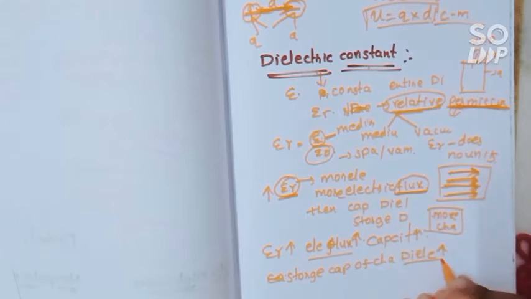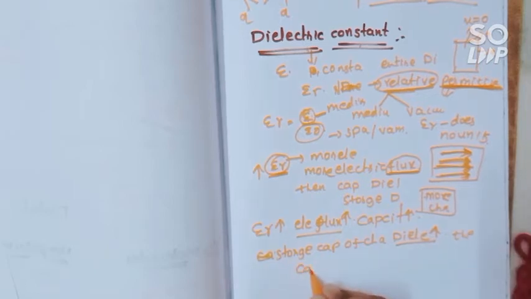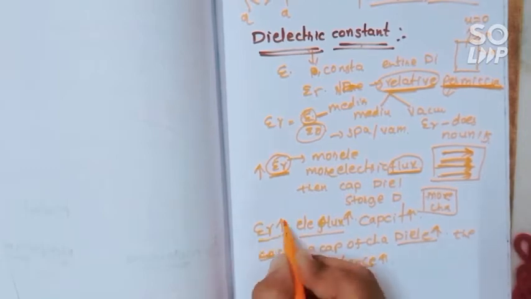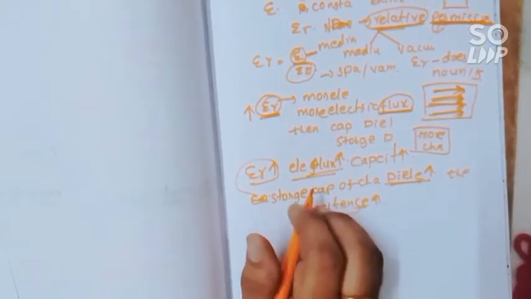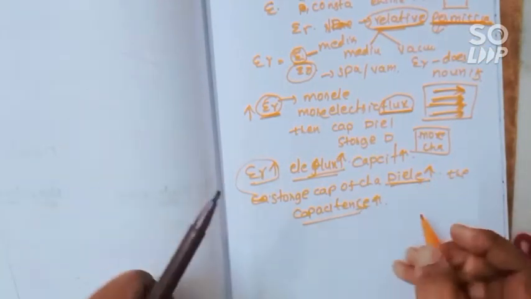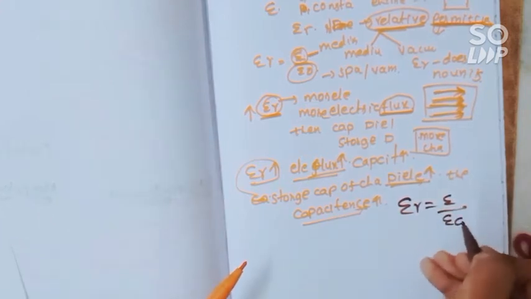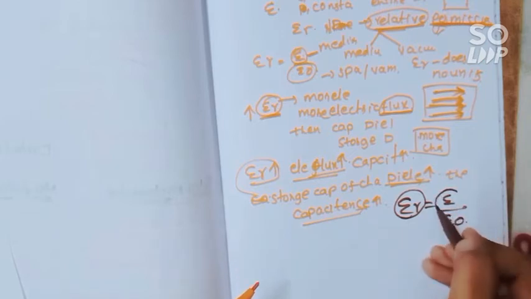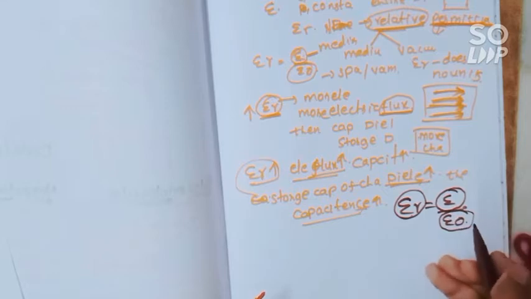If the storage capacity of charge in dielectrics increases, then capacitance will increase. This is the relation between epsilon r, dielectrics, capacitance and flux density. And here we got the formula epsilon r equals epsilon by epsilon naught, where epsilon r is the relative permittivity, the ratio of medium permittivity to the space permittivity.